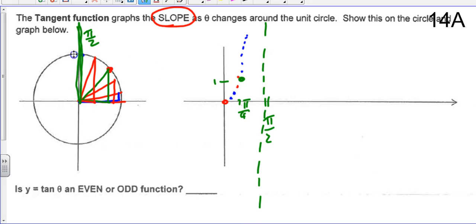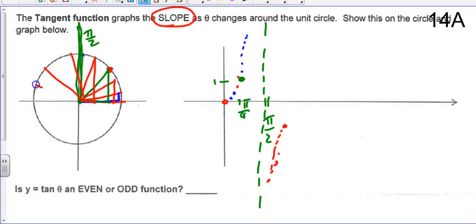Right, when I move around here, what's different about the slope? It's going downhill, so it's what? Negative. It's very negative, though. Okay. Then as I get over to here somewhere, it would be what? -1.